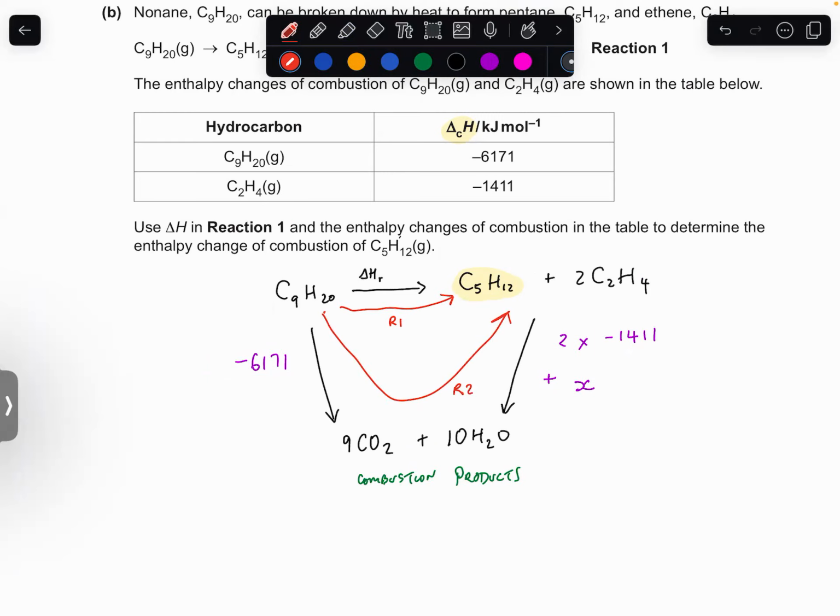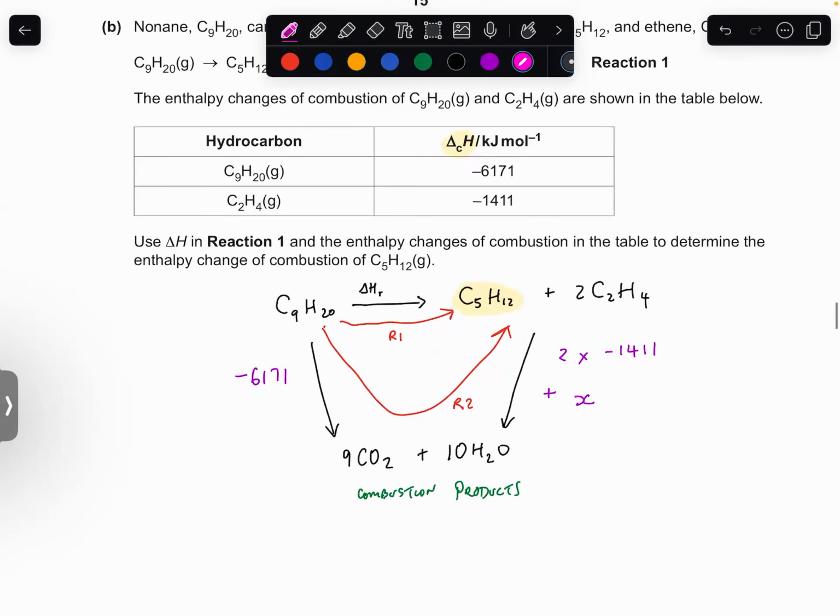So route 1 is going to be plus 186 is equal to minus 6171. You're going with that first arrow, this one over here. You're going with that arrow, so it's going to be minus 6171.